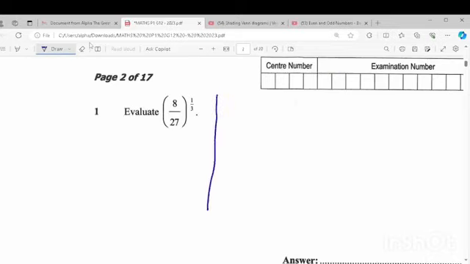For example, if you have the number a, or the base a, that has been raised to the power b over c, then this number here is called the base. This number here is called the root, or is indicating the root.